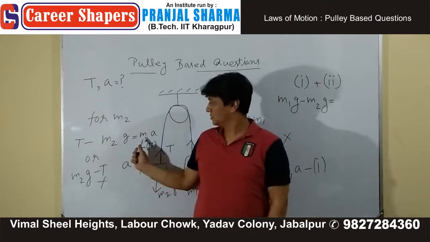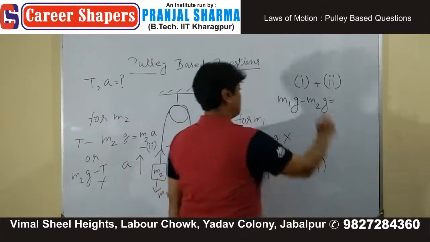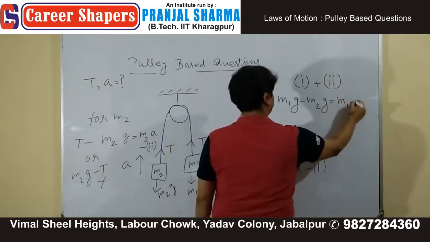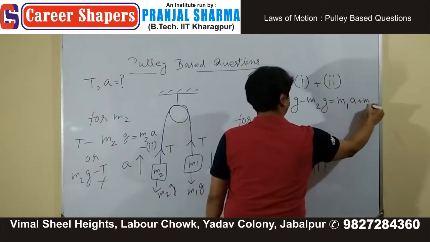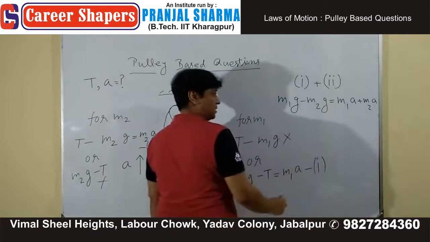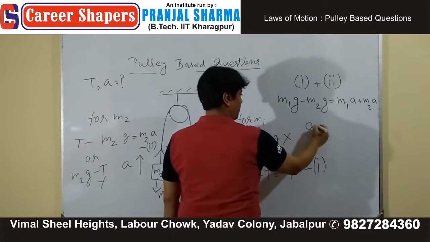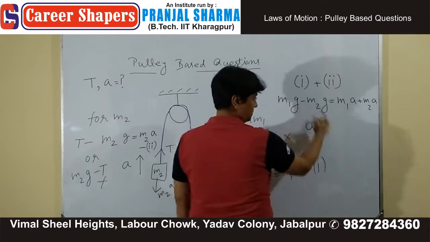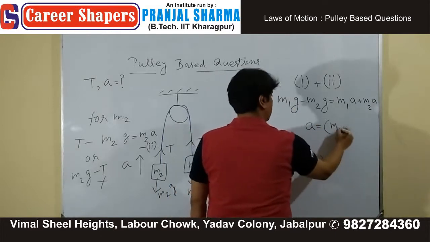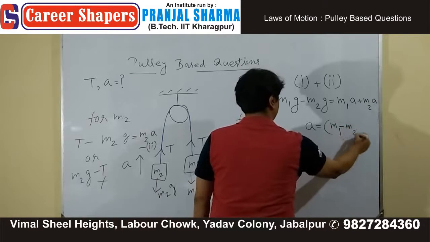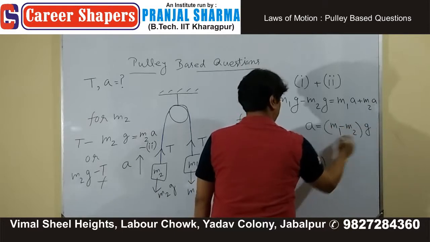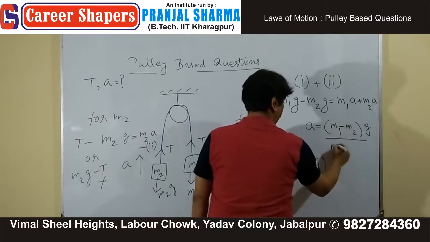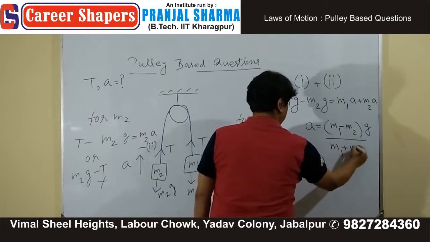M1A plus M2A, giving you acceleration as A equals M1 minus M2, times G, whole divided by M1 plus M2.